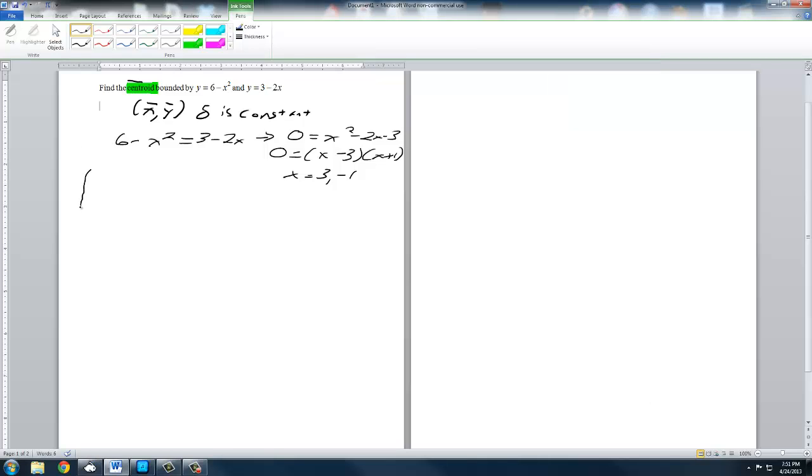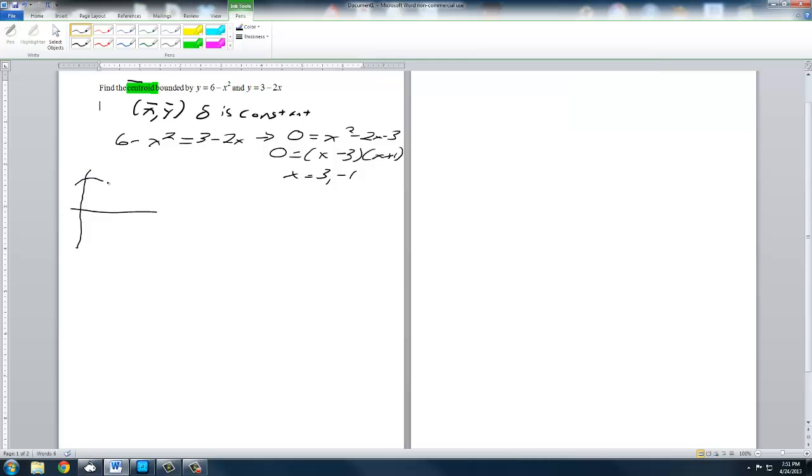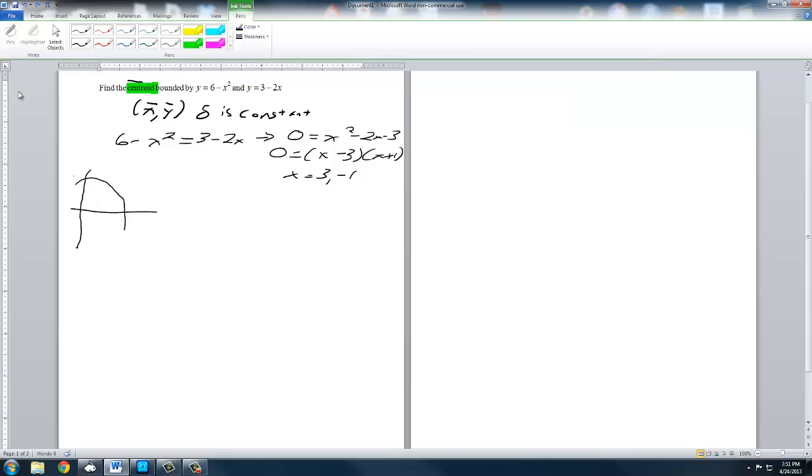So I'm going to make an attempt to draw this. It looks like we have something like this, and then maybe something like this. Actually, it's below the x-axis.